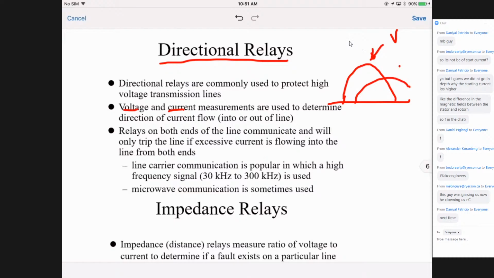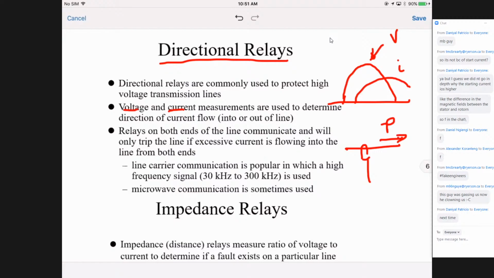If you measure in this way and define the CT direction in this way, then you know the power is flowing from left to right in this drawing.